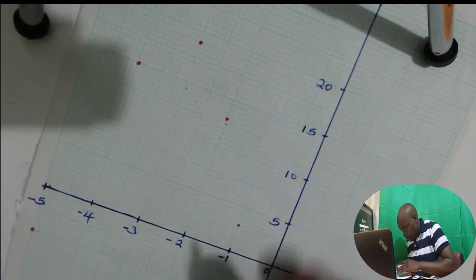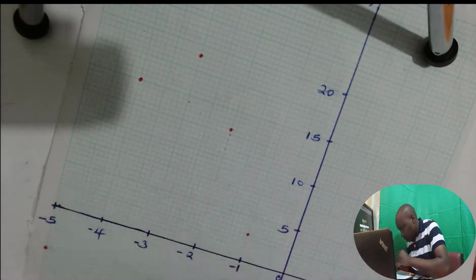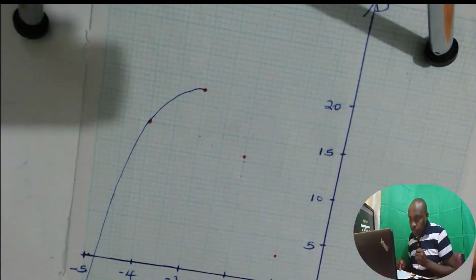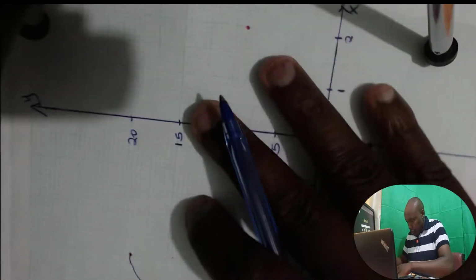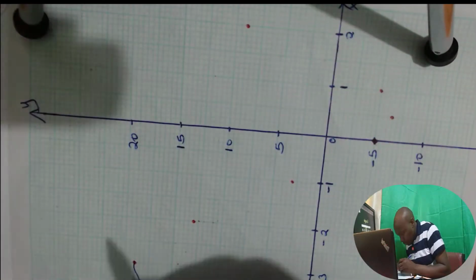So let me turn the paper this way so that I can begin from here. You should use pencil. I'm using a pen, just risking. So you're supposed to draw, ensure that the curve is smooth.